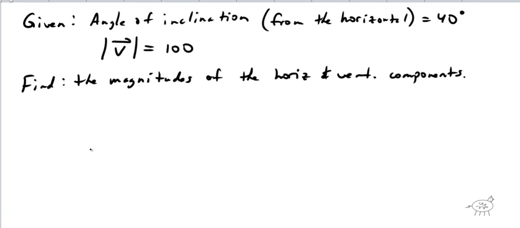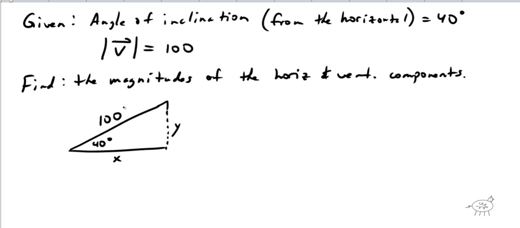Okay, so it's really easy. Again, if this is from the horizontal and this is 40 degrees, you're basically trying to find x and y. That's all you're trying to do. And this is our magnitude, 100. All right, so we'll draw a little arrow here just to show it's a vector. Okay, but it's really pretty easy.